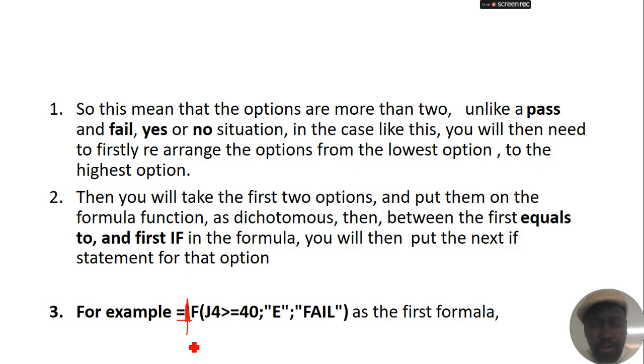For example, the first statement says if it's greater than 40, it must be E. And then the next statement says if it's greater than 50, you put that one here: if, open bracket, J4 is greater or equal to 40, semicolon, the answer should be D. Then you type D here, and then you go up like that.